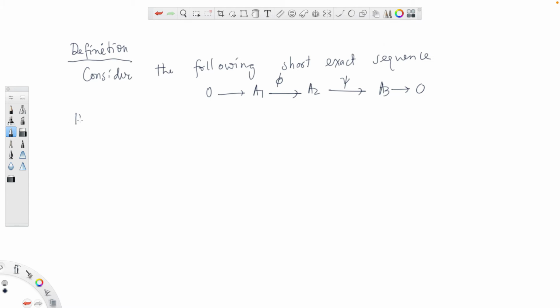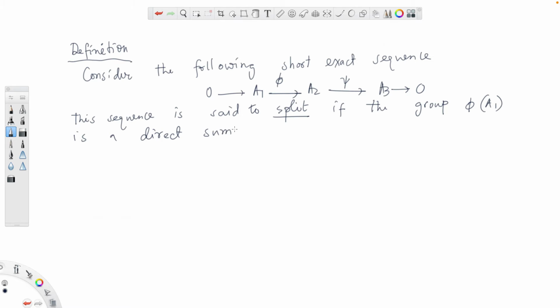This sequence is said to split if the group phi of A1, the homomorphic image of A1 under phi, which is a subgroup of A2, is a direct summand in A2. What does it mean?